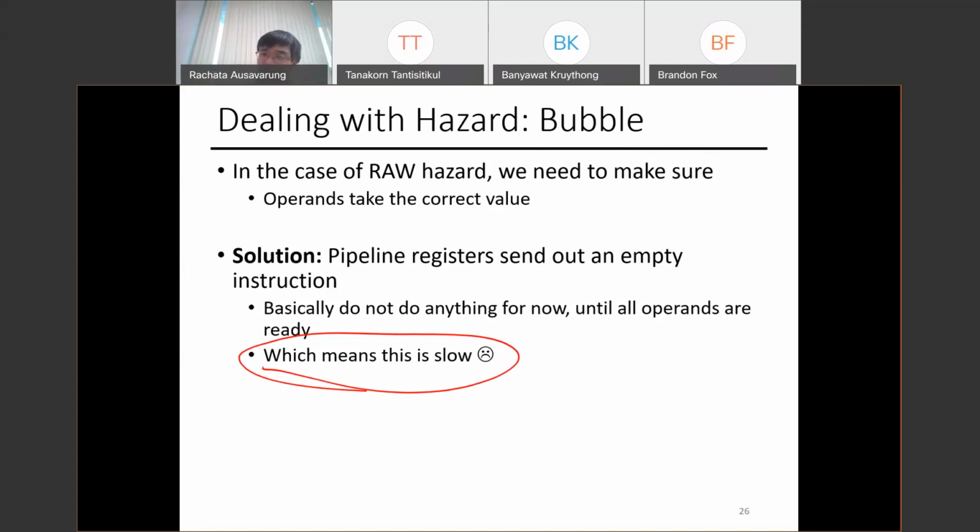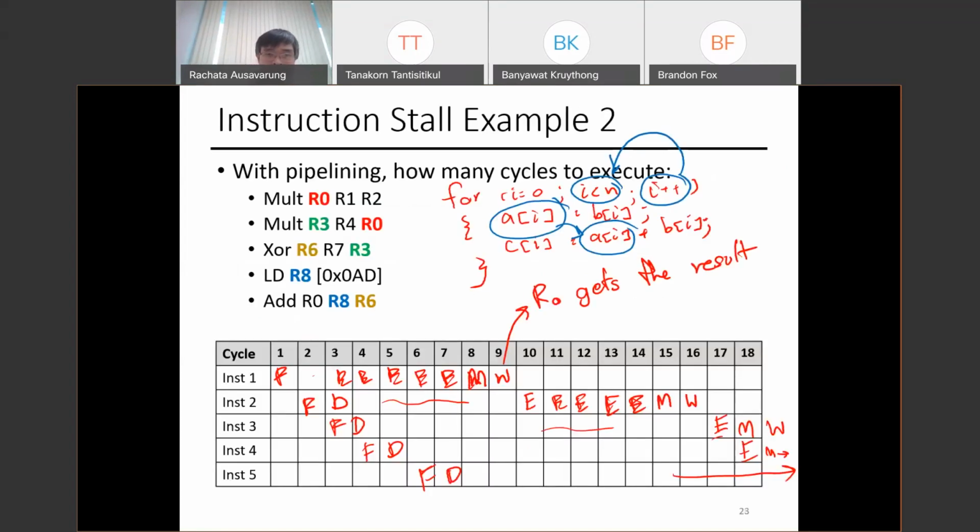Do you understand why this is slow? Basically, if you see a dependency, let's wait until it's written back the value, and then I'm gonna continue on. If you look back at our example right here, this empty thing is called the bubble.